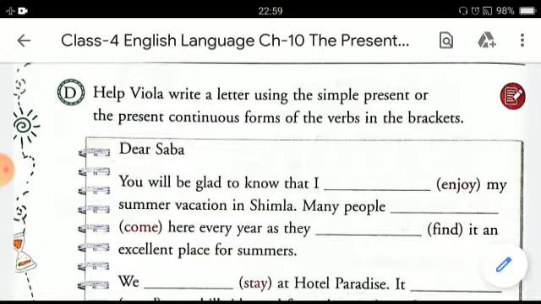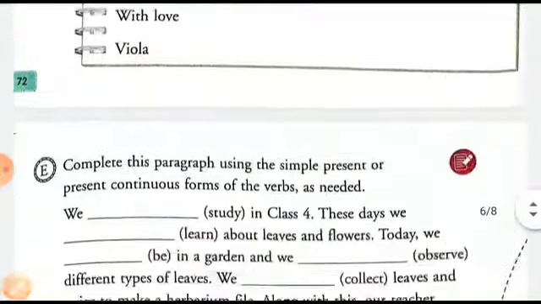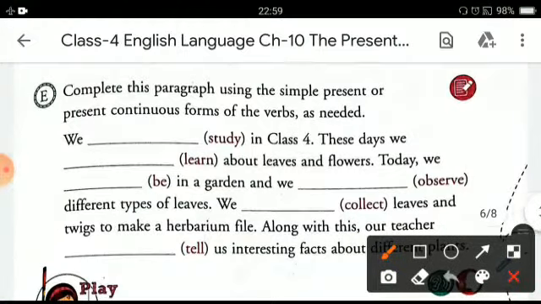So this you can do on your own, children. Again, see exercise E. Here you have to complete the paragraph using the simple present tense or present continuous form of the verbs as needed. Same as the exercise we have done above, exercise D. This also you can do on your own.